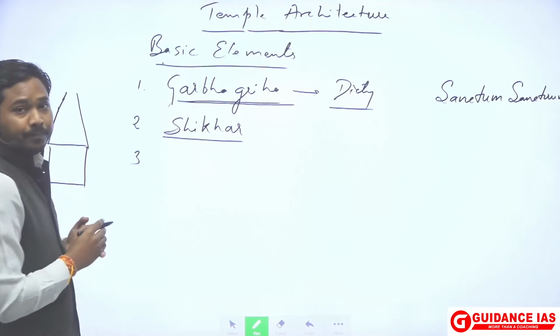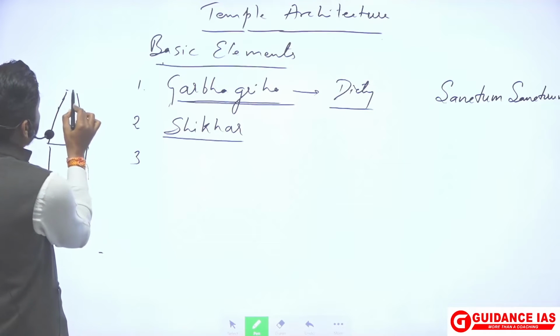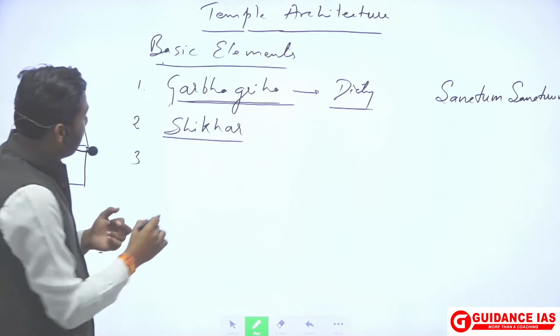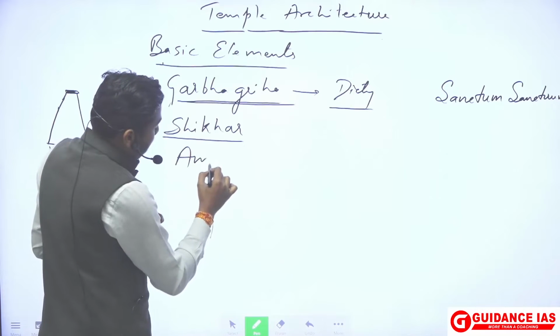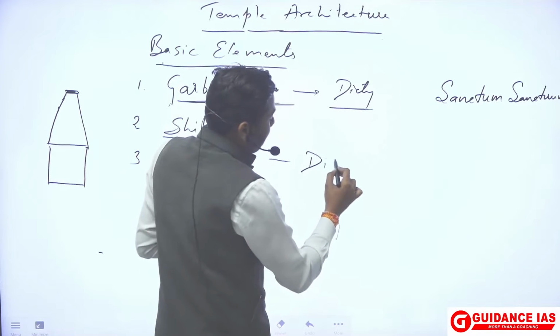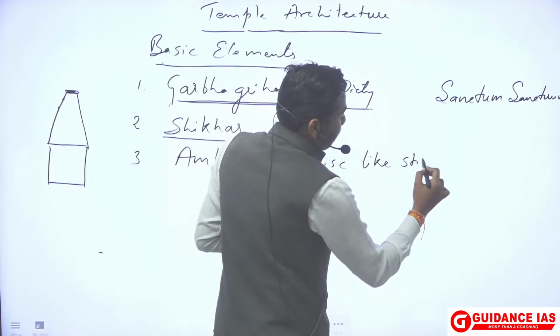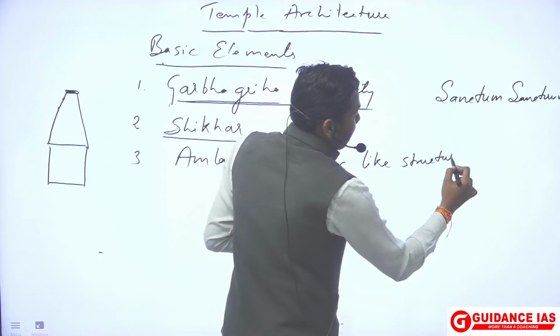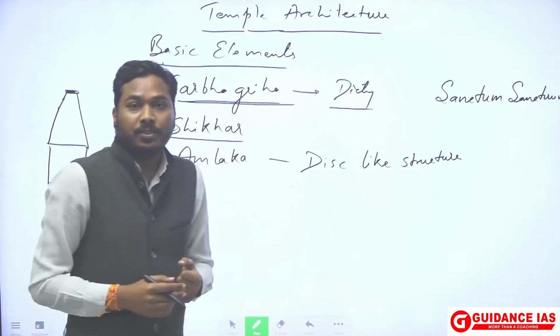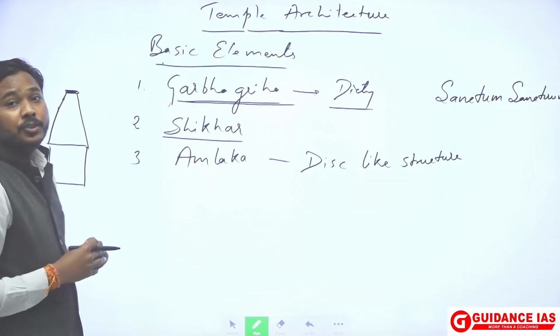Third point, which is there in every single Hindu temple, is Amlak. It is a disc-like structure, a disc-like structure which is at the top of this shikhar.